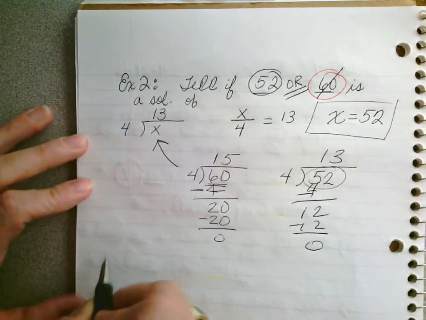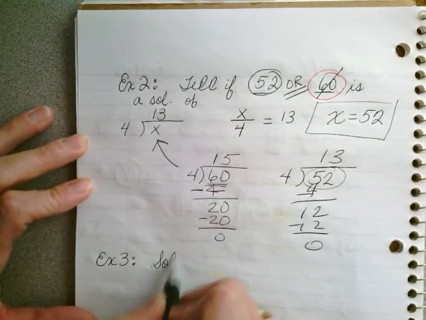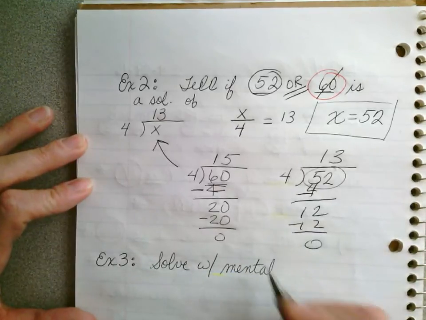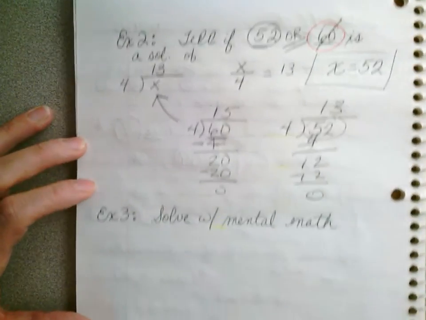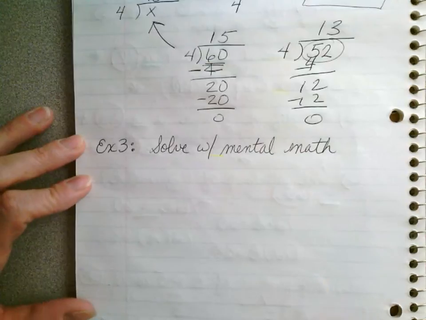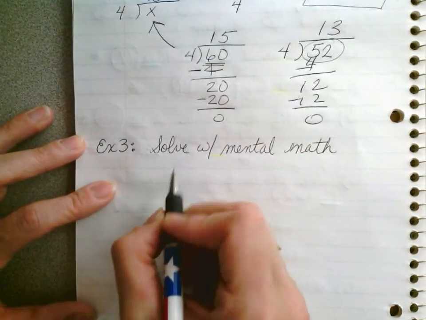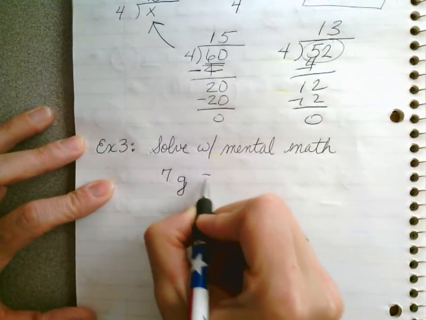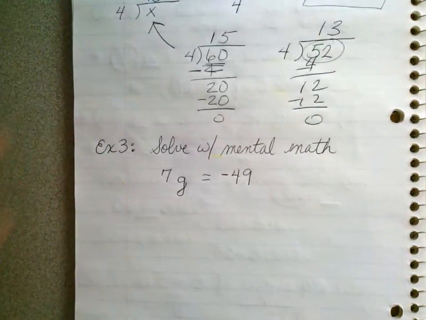Last thing I have. Example 3. Solve with mental superpowers. Seven times what number will give me a negative 49?